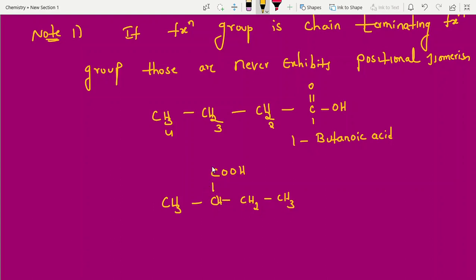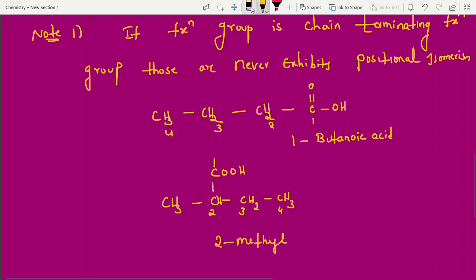Chain terminating functional group, right? 1, 2, 3, 4. Whether we are selecting the longest chain or not doesn't matter; if a functional group is attached, we have to include the functional group and give the least number. If chain terminating functional groups are there, we have to start numbering from that carbon. Already I had explained in the previous video. Finally, what is this IUPAC name? 2-methyl.